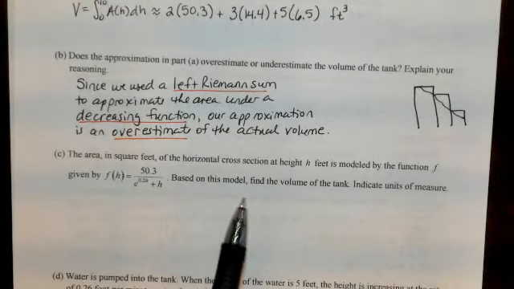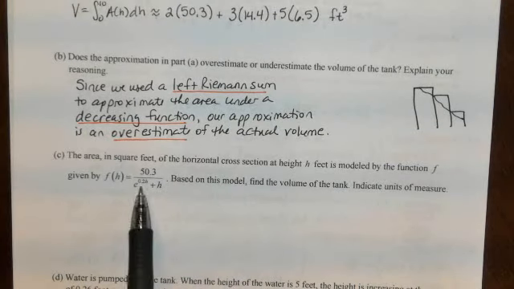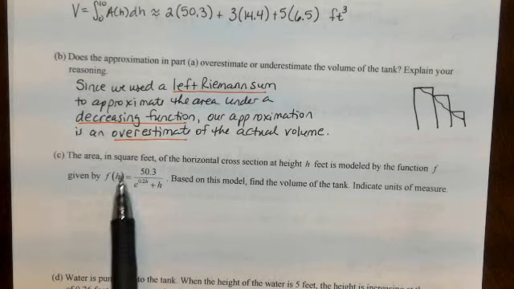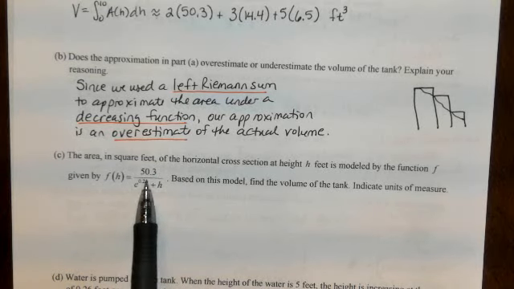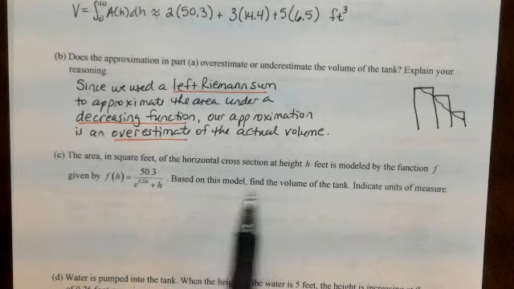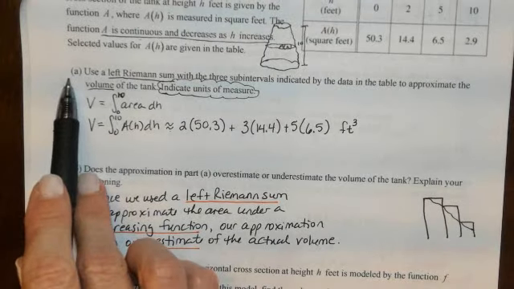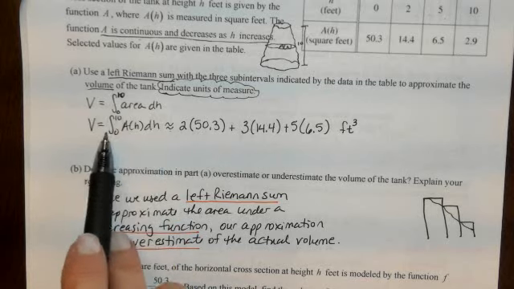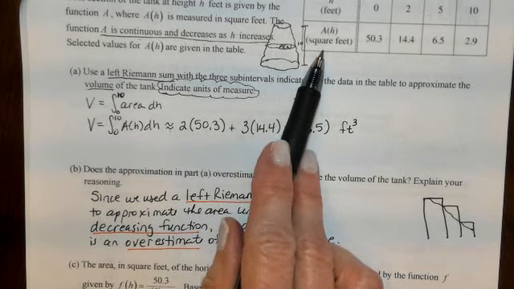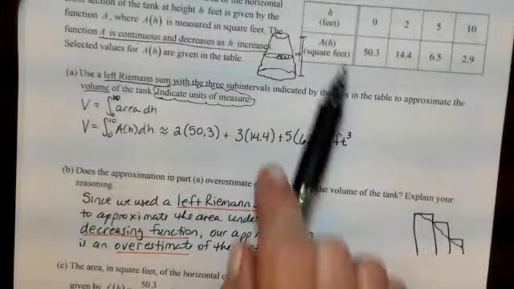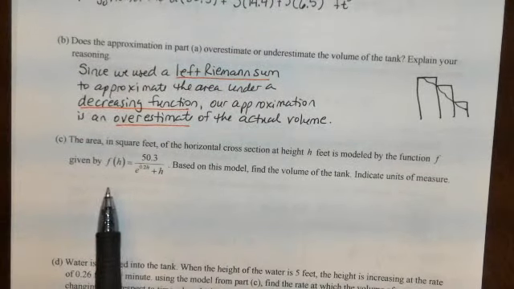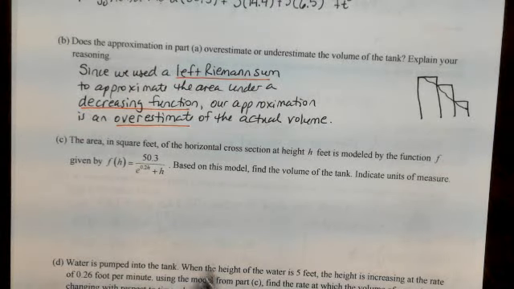So now in part C they're saying, okay, now we're going to let f be the cross section area, and based on that model find the volume of the tank. We did the same thing in part A. We estimated the volume using this A, and now they want us to approximate the volume using that area.